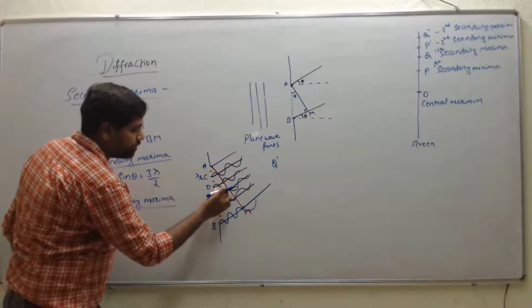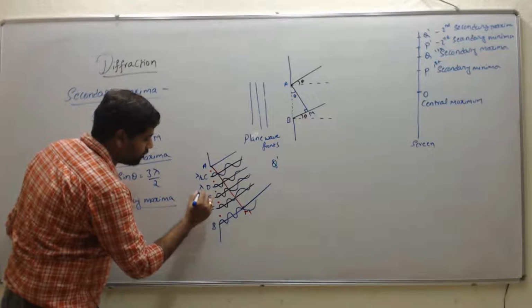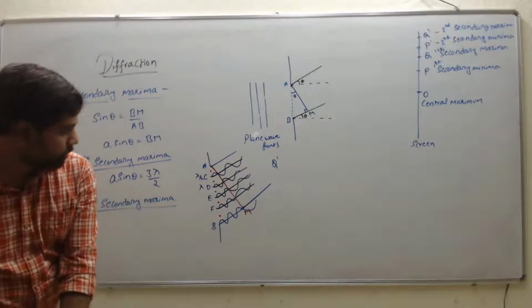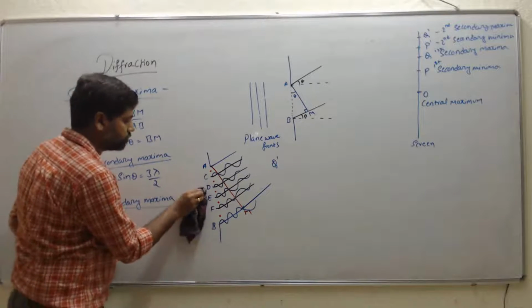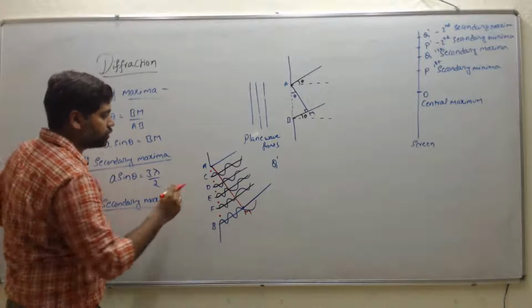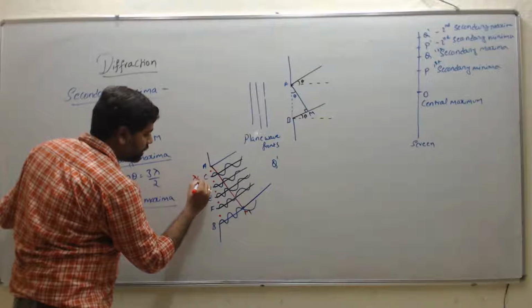At point D, the wave is a full wave, that is, the path difference is lambda. So here we are getting the path difference lambda by 2.